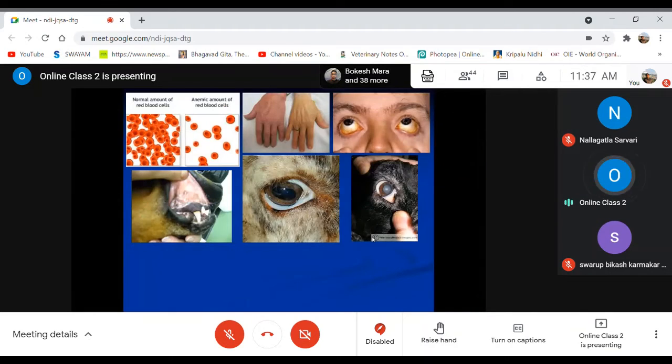Now let me show you some pictures of anemia. Mostly, if you look at the visible mucous membranes, they are very pale in color. But in two of these pictures, one here and another here, the skin and visible mucous membranes, mostly the conjunctiva of the eye, are yellowish in color.